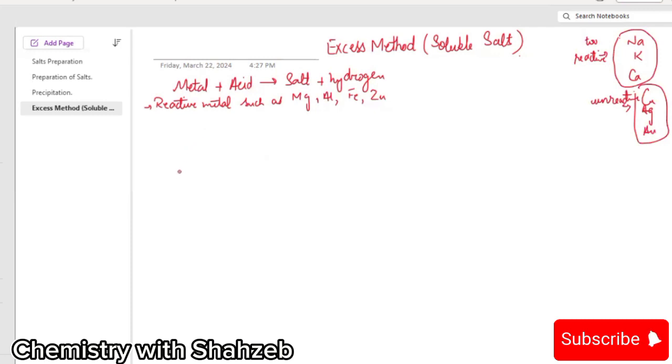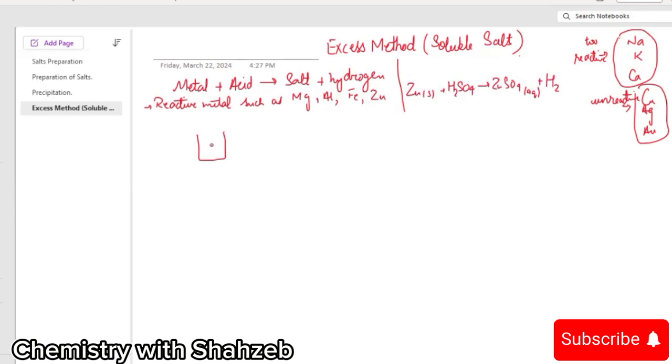For excess, first we are going to take an acid. For example, we are going to use zinc. Zinc in solid state is reacted with sulfuric acid, and they would form zinc sulfate in aqueous form with hydrogen gas.